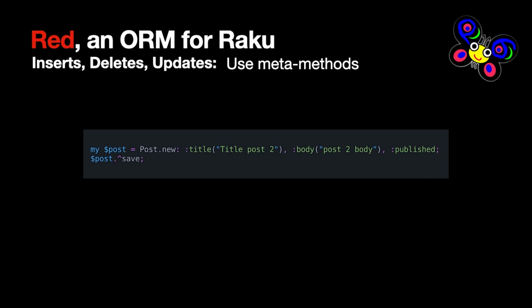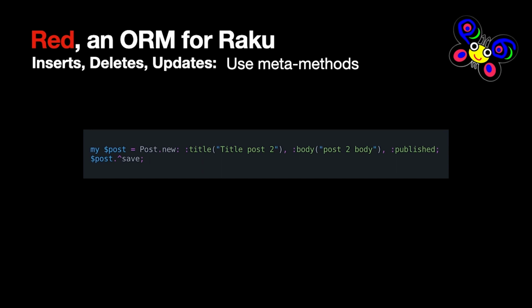You have some ways of creating new rows. One of them is to use new to create a new post object as you would do on any class, and then use the save meta method to send it to the database.